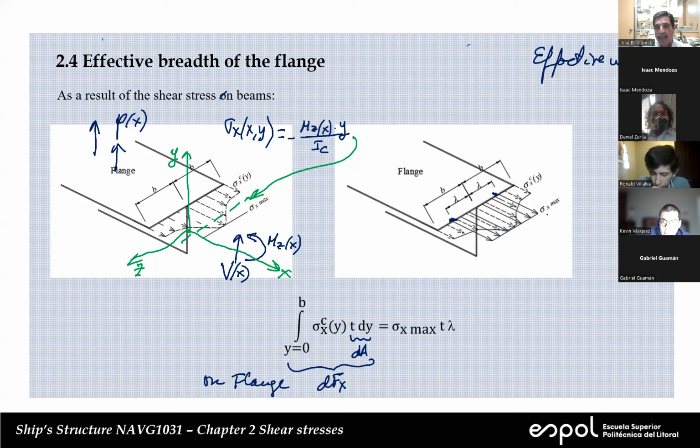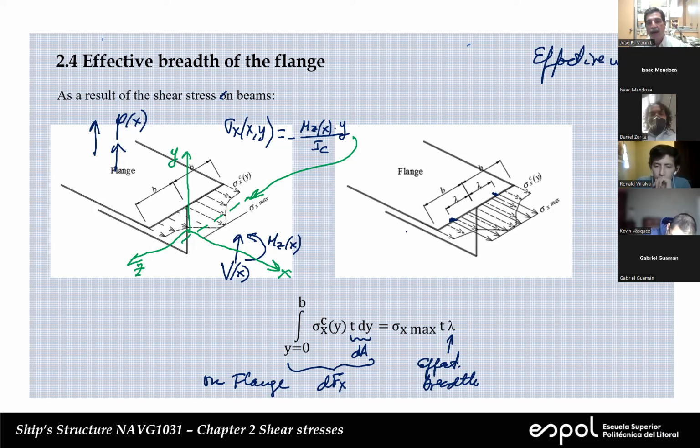In this case, the sigma x max is constant, so we have to multiply that times the area. And this lambda is what we call the effective breadth. You see immediately that lambda, the effective breadth, is a little bit smaller than B, the real breadth.